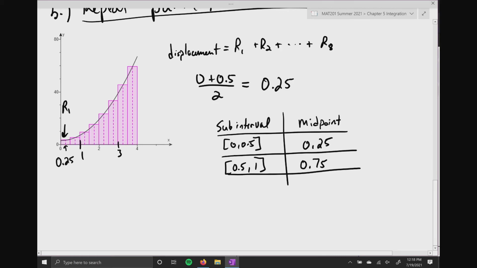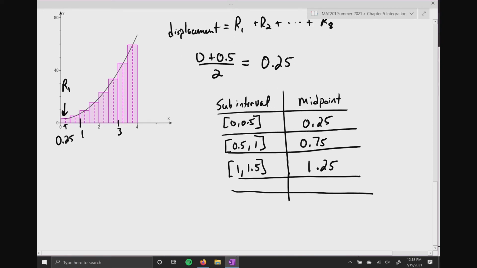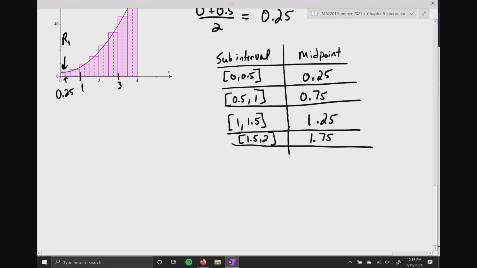Your third interval is 1 to 1.5, and this is going to be 1.25. Your fourth interval is 1.5 to 2, and that's going to be 1.75. You should start to hopefully see a pattern developing here. The distance from 0.25 to 0.75 is 0.5.